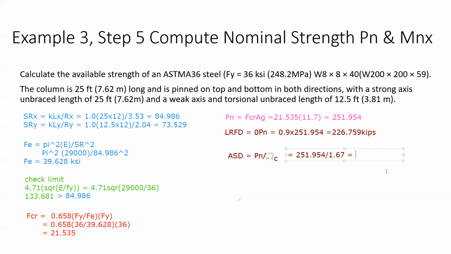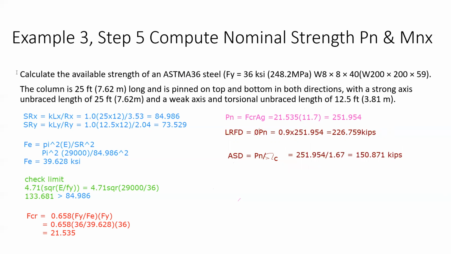This one is our multiplier, just to be safe for consideration of ASD. So that is 150.871 kips. And that's what we're looking for.